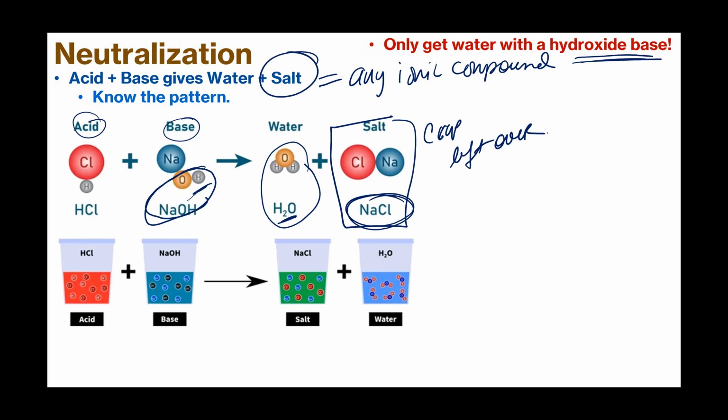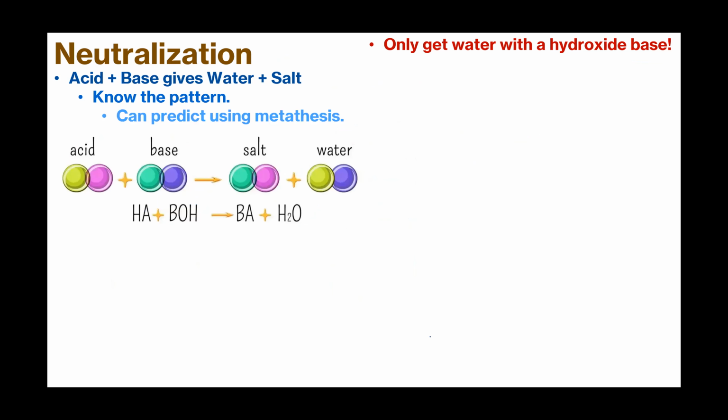And so we can figure this out using a metathesis. We talked about this with precipitation reactions. You can think of your acid as really two things: you have your H and whatever the rest of the acid is. Your base is whatever the base is, plus probably hydroxide.